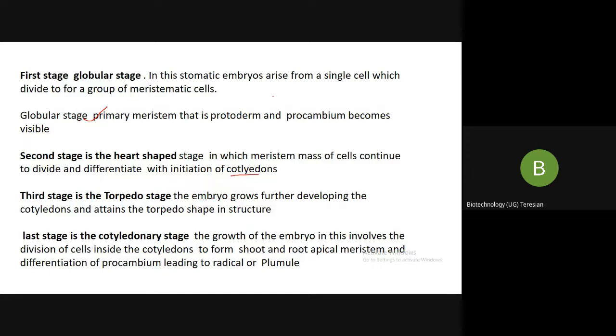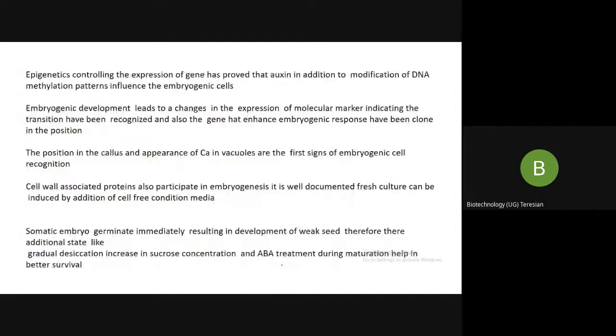Here the embryos further develop into the cotyledons and differentiation occurs. And finally here you can see that the radicle and the plumule, that is the root and the shoot, are being produced. These are the four stages of the development of your embryo, whether it is a zygotic embryo or somatic embryo, it is one and the same.